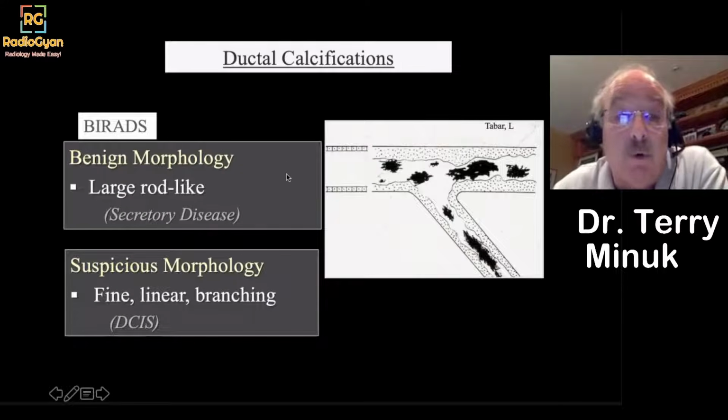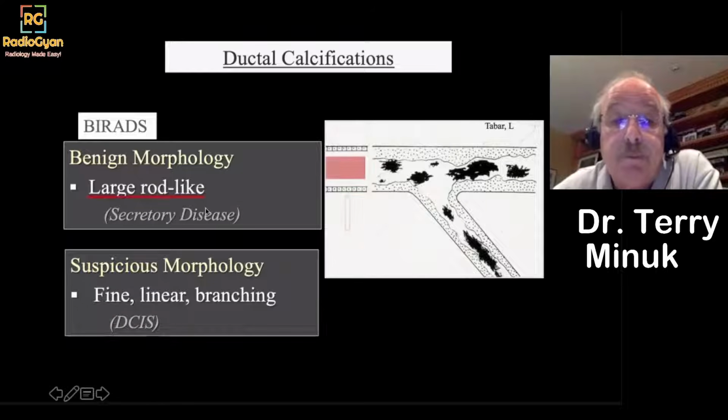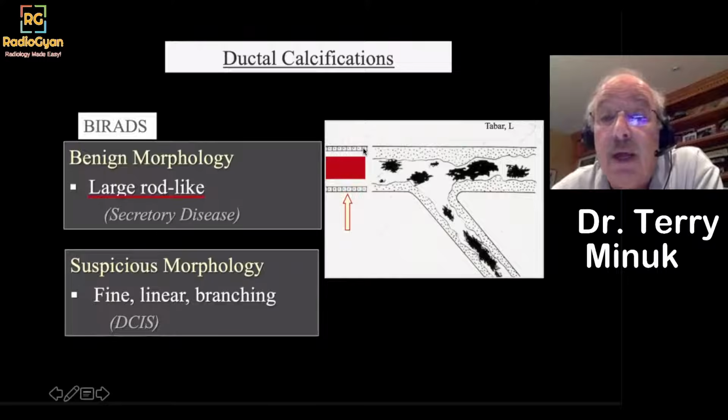They're very straightforward. One is the benign etiology, and these tend to be large rod-like calcifications. That's a BI-RADS term, and it tends to be what we call secretory disease. Now, secretory disease occurs in pre-existing ducts that are lined by a single layer of epithelial cells, and they're calcification of secretions in those ducts.